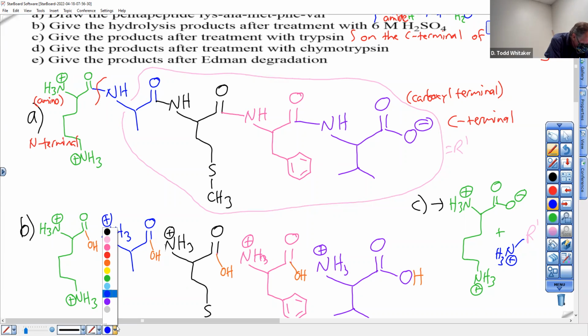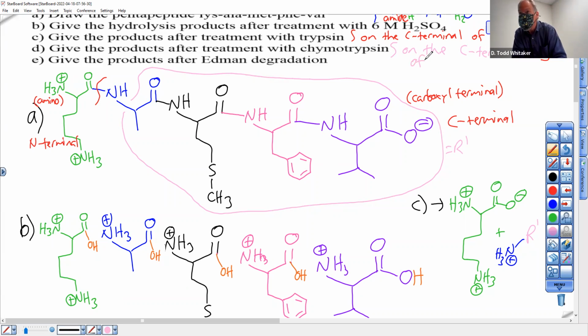So chymotrypsin is going to do cuts, let's see, that was red, well, I don't know, light pink, on the C terminal of the amino acids that have benzene in them.